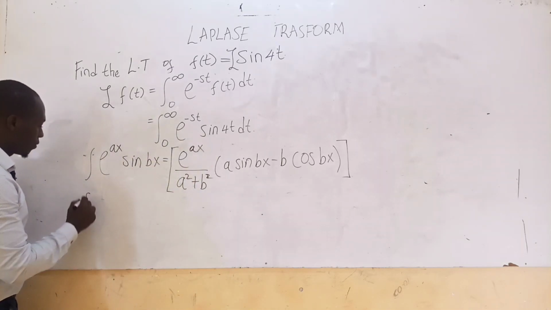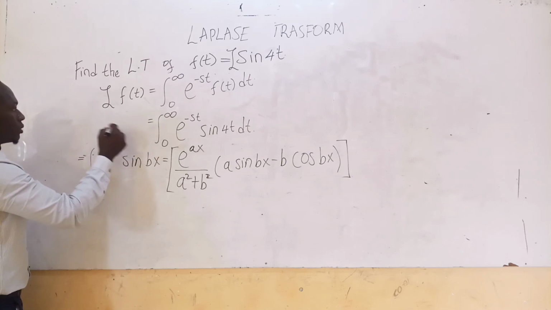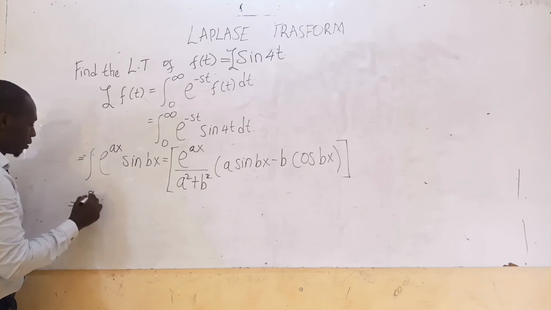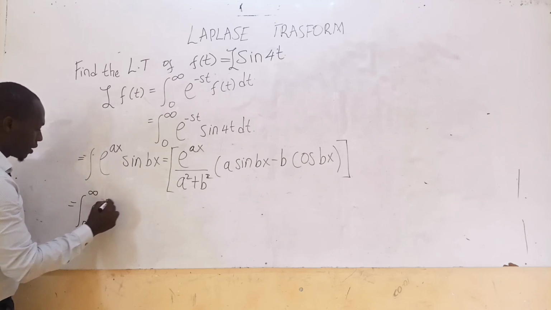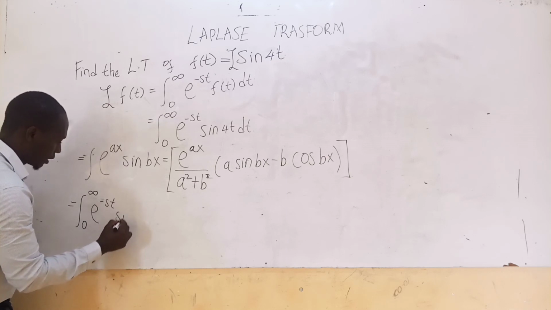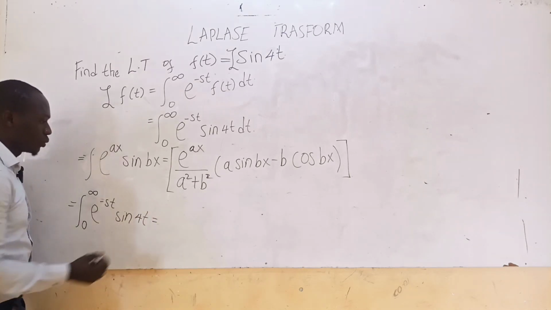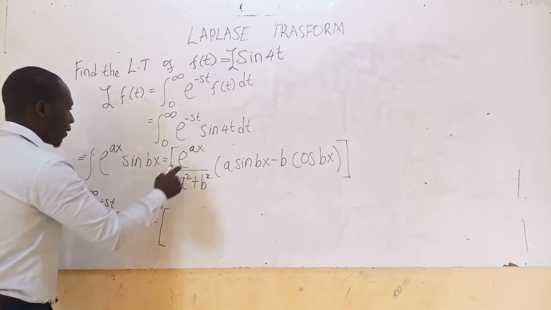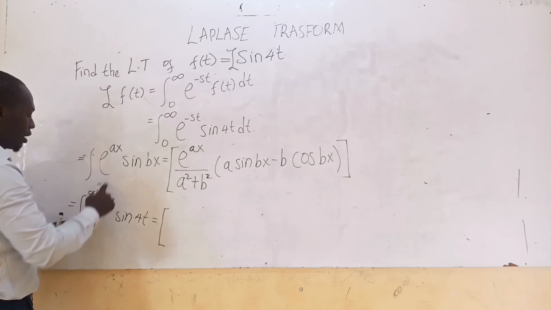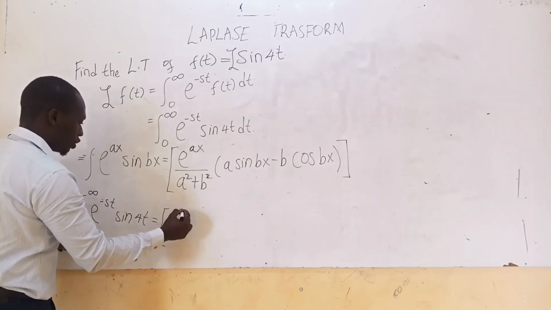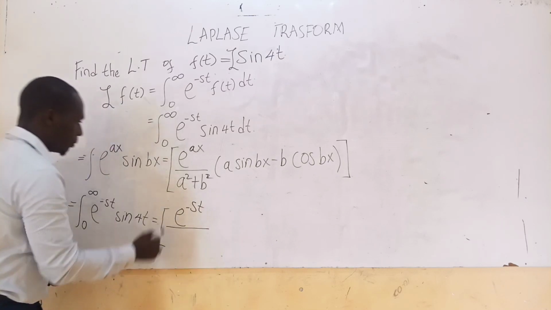By relating the two, we have an integral with respect to our limits of exponential negative st sine 4t is equal to, in the numerator, exponential negative st over a squared plus b squared.